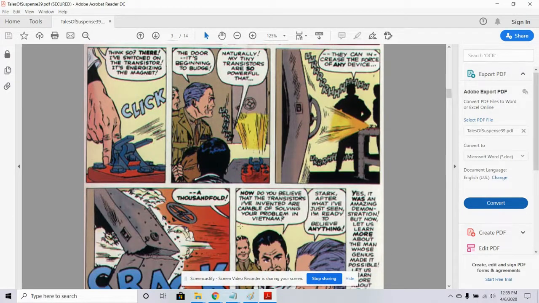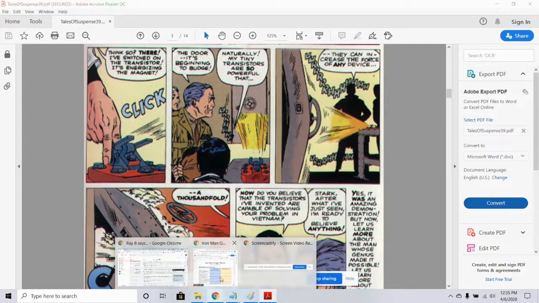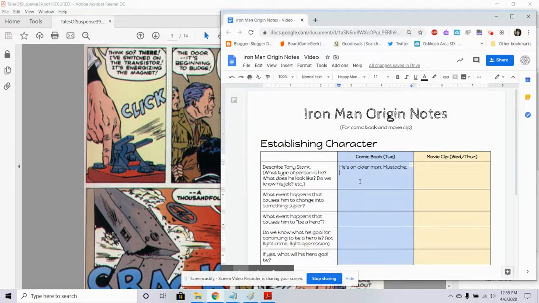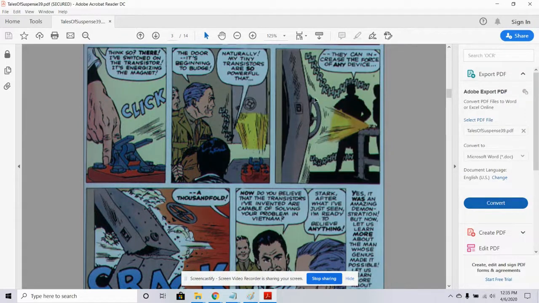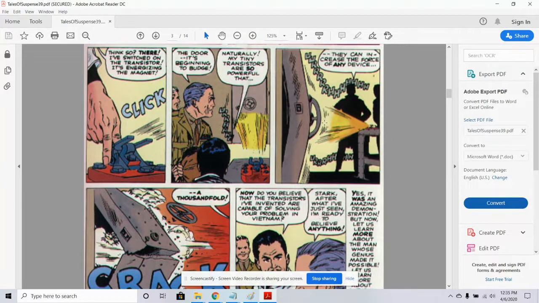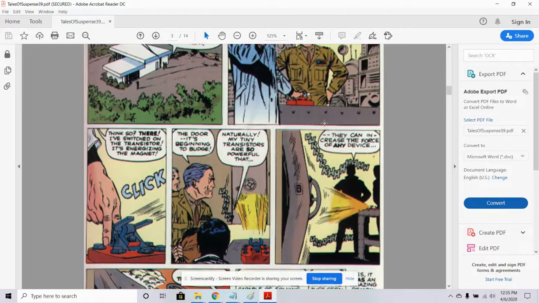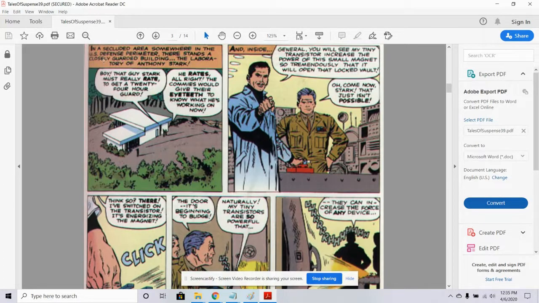Okay. So when we go back to our worksheet, here we can say he's a scientist. So as we also can see here in this particular slide is we realize he's making weapons for the military, because even if we look at their location, he's in the U.S. defense perimeter.